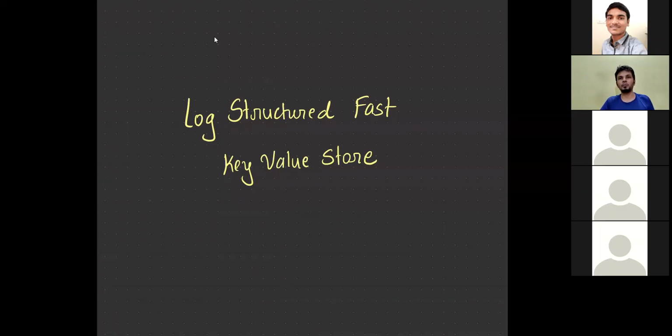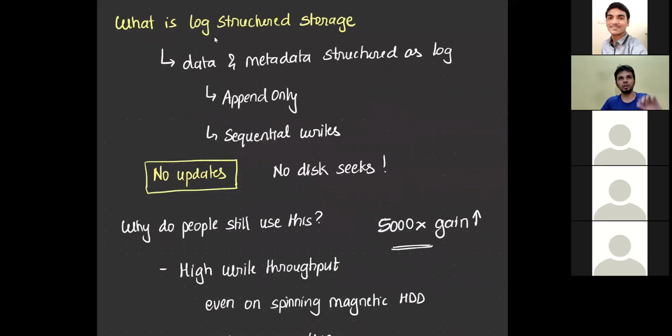So we'll try to build a key value store using log structured storage. In general, any file you open will always be open in append only mode. The writes have to be sequential. You cannot make any updates to existing entries on the file, which means no disk seeks are allowed when you're writing.